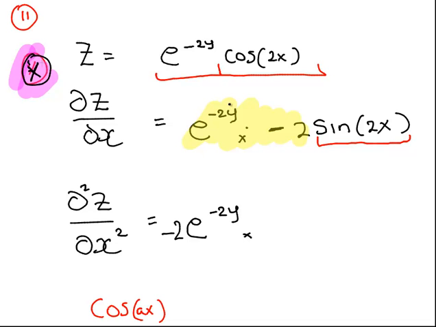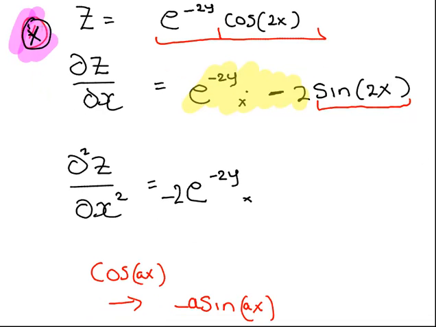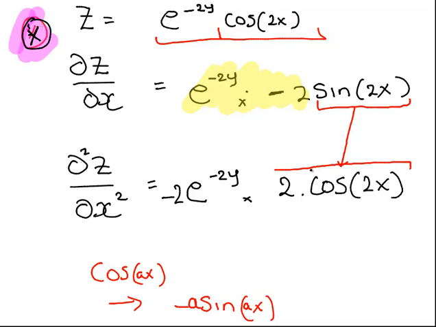It's something similar here. When you differentiate sine of x, it's just cos of x. So when we differentiate sine of 2x, what we get is 2 times cos of 2x. Just to be clear, the sine of 2x gives us this part here, 2 cos of 2x.